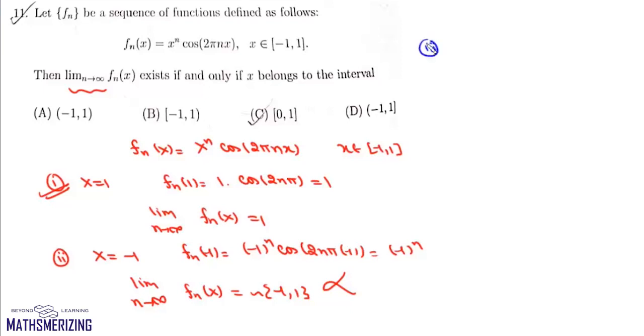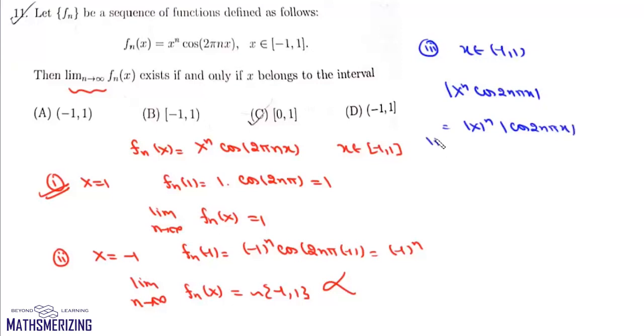And finally, when x lies between -1 and +1, in that case, mod of x to the power n cos 2n pi x will be mod of x to the power n into mod of cos 2n pi x.